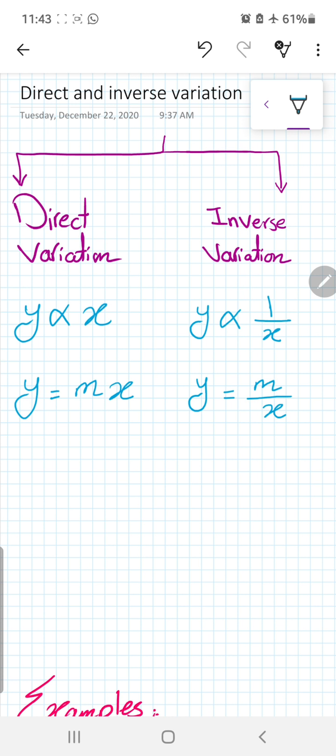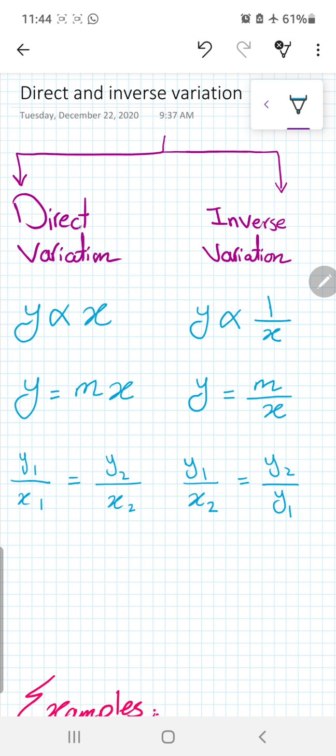Okay, we have a rule. If we have two values of y and two values of x, we say here y1 over x1 equals y2 over x2. And also in the inverse variation, if you have two values of y and two values of x, we say y1 over y2 equals x2 over x1, because here it is inverse variation.